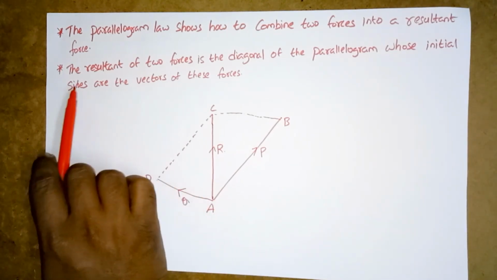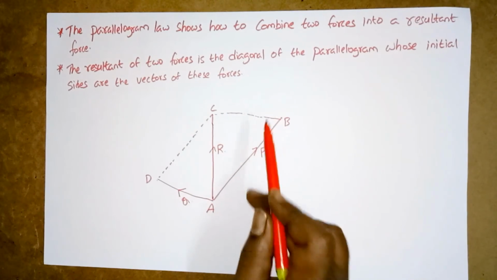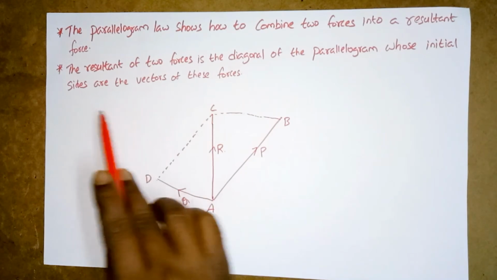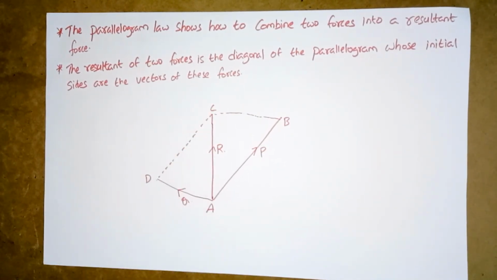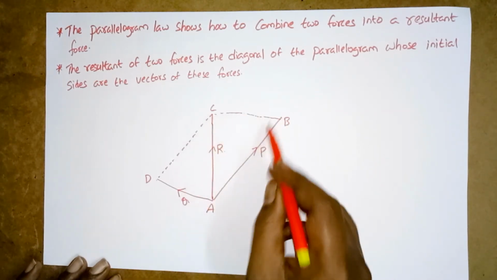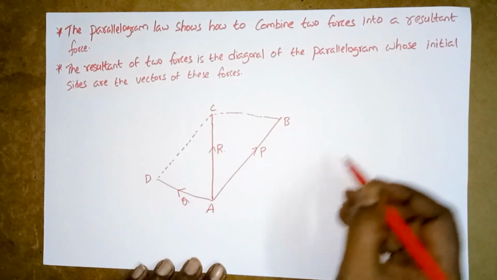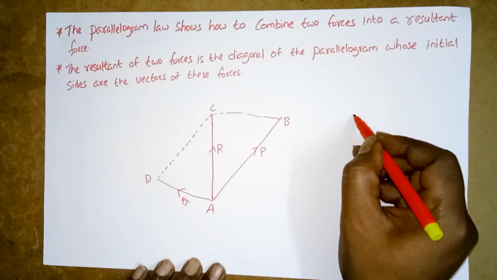So here we can see the resultant of two forces is the diagonal of the parallelogram whose initial sides are the vectors of these forces, and we are saying the parallelogram law shows how to combine two forces into a resultant force, okay. So if you are getting a question, you have to draw all these diagrams, so you will get good marks, okay. So if we show this triangle and this triangle alone, it will be easy for getting good marks, right.